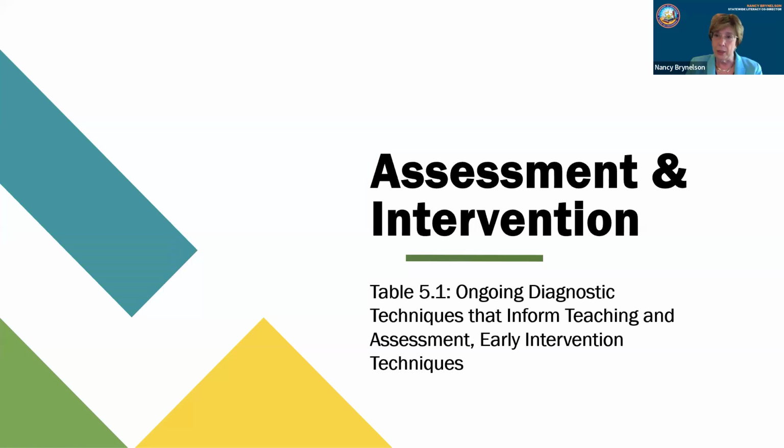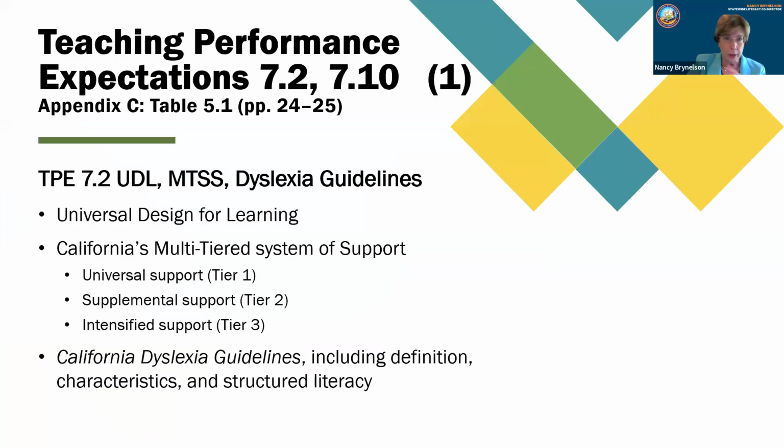In this area, there are really 2 TPEs that are addressed. TPE 7.2, which addresses UDL, or Universal Design for Learning, MTSS, or Multi-Tiered System of Support, and the dyslexia guidelines.